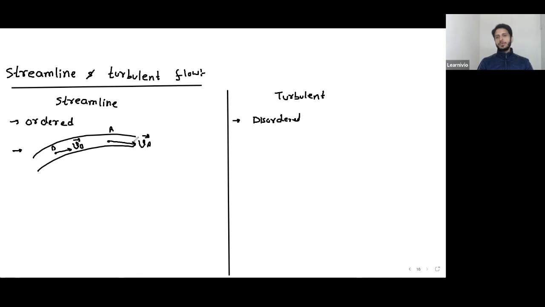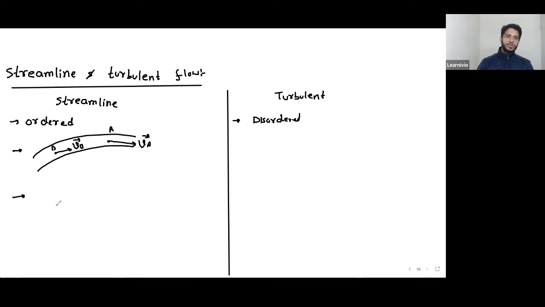The first molecule passes with velocity VA, the second molecule passes point A with velocity VA, the third passes point A with velocity VA. So each molecule is following the path of its previous molecule. This is a property of streamline flow, ordered flow.